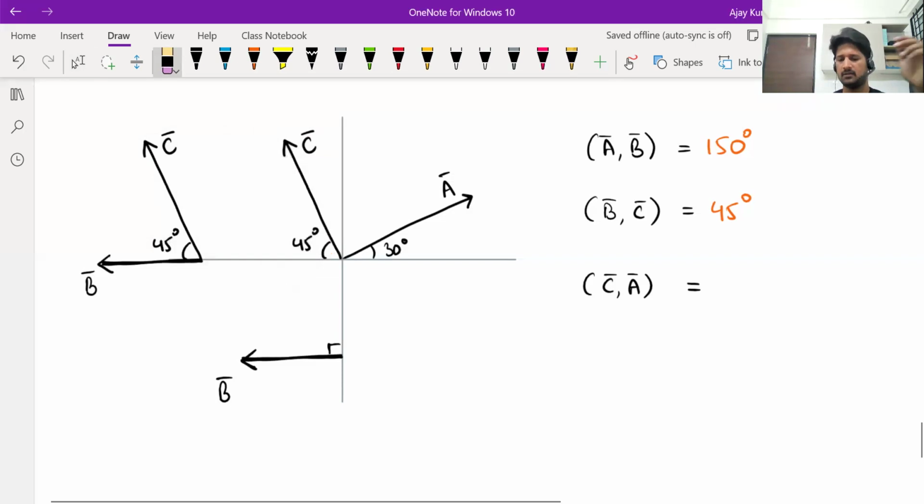Yeah. Aishwarya, tell me, how much will this angle between A and C now be? So 105. Yeah. Total angle in a straight line is 180 degrees. Remove 30, 45, you will be left with 105 degrees.